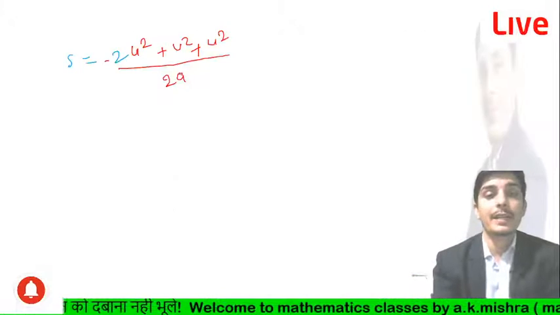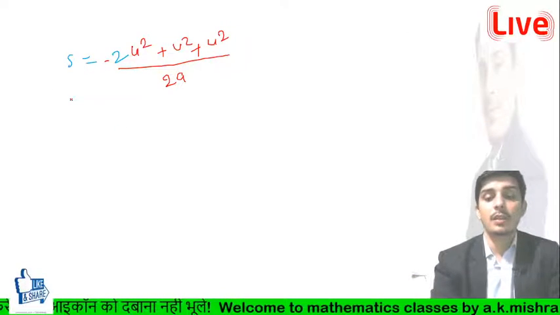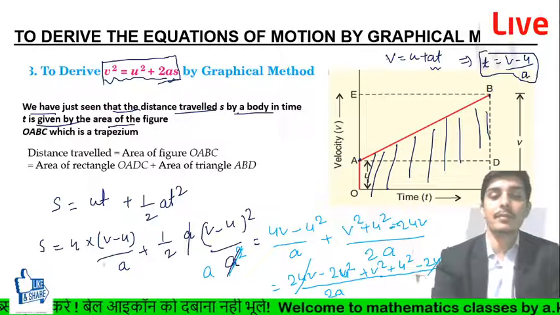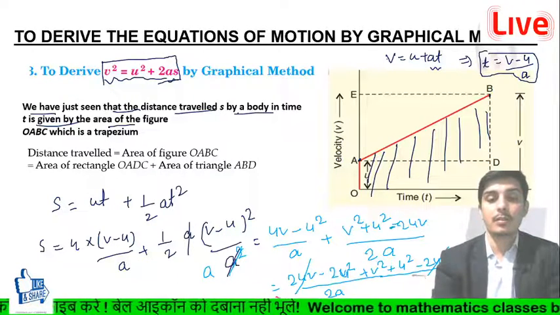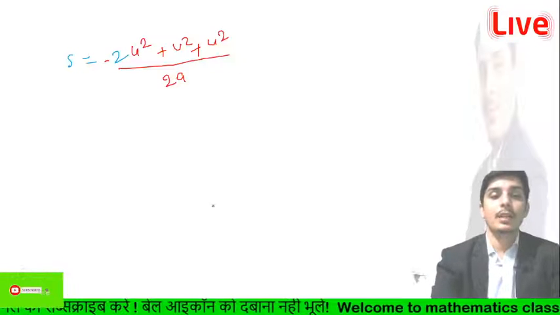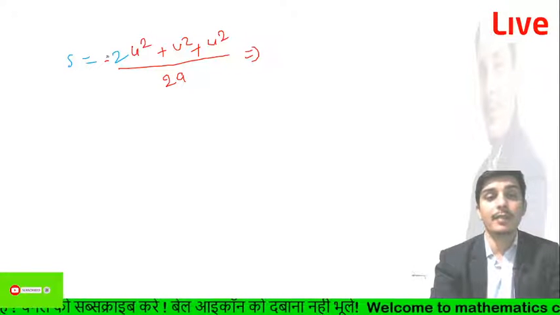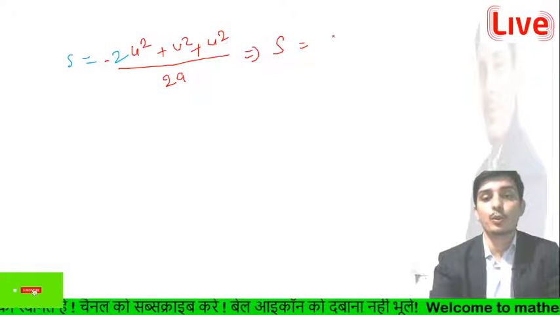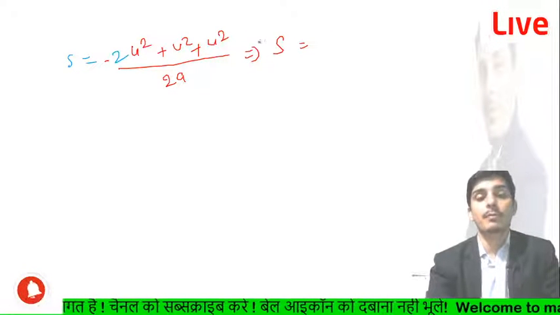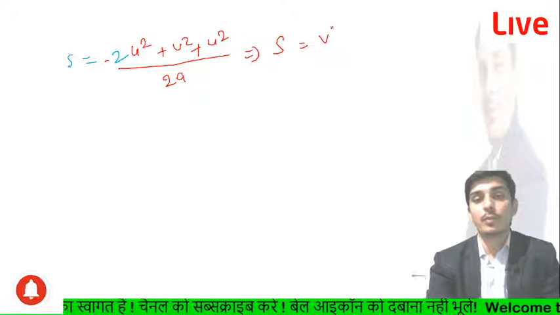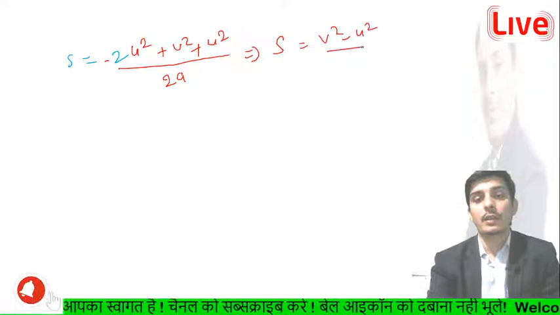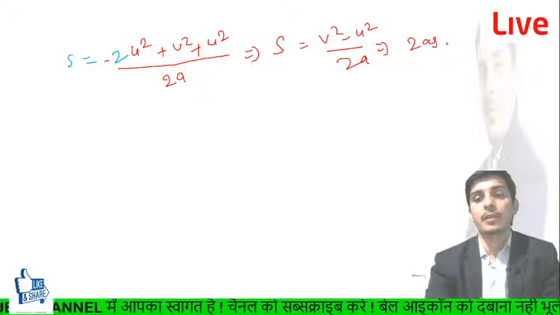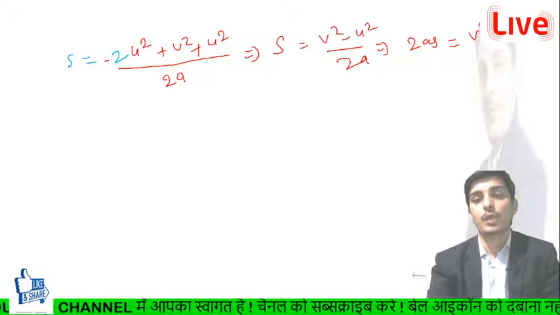We can write this term from the previous derivation that is given here, and after subtracting we will get s equal to minus 2u square plus 2u square. After subtracting, it will be v square minus u square divided by 2a, and after cross multiplication we can write 2as is v square minus u square.